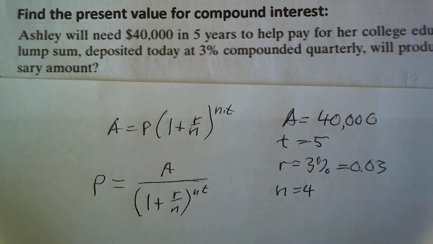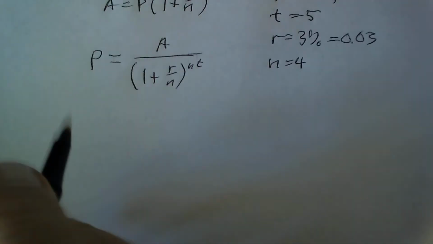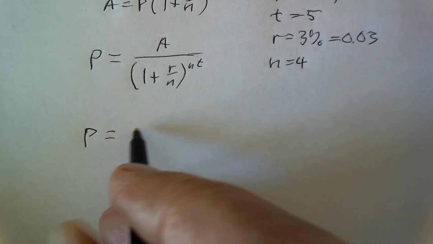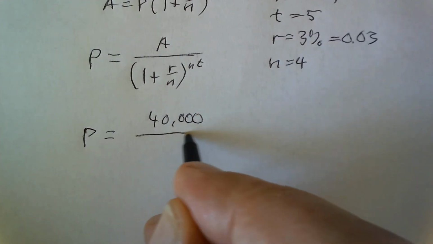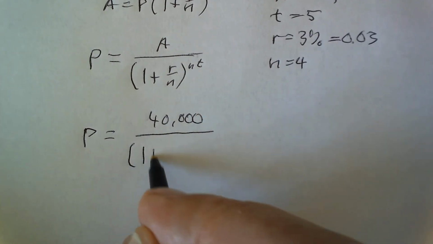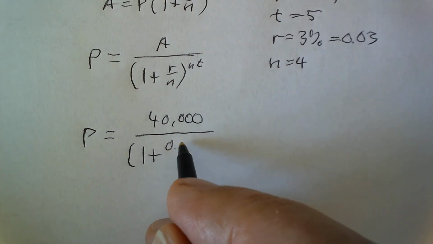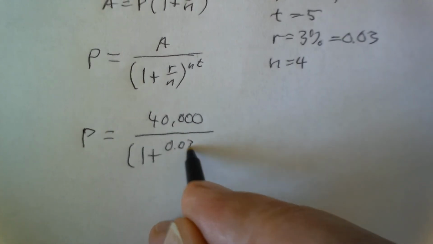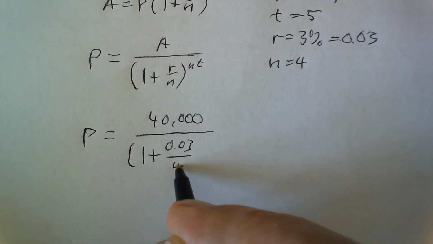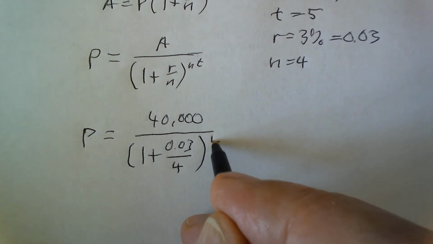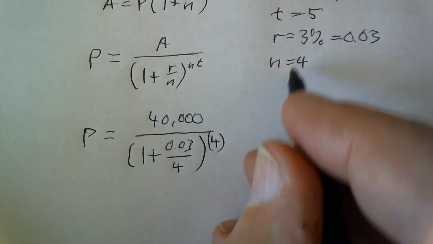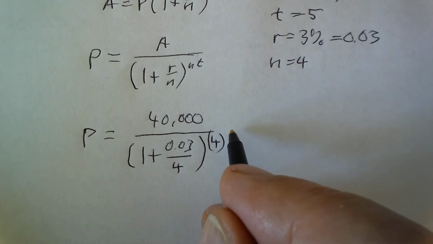So using these amounts, then P, the present value that we want to calculate, is equal to 40,000, the future value, divided by 1 plus 0.03 divided by n, which is 4, to the n times t power, where n is 4 and t was equal to 5 years.